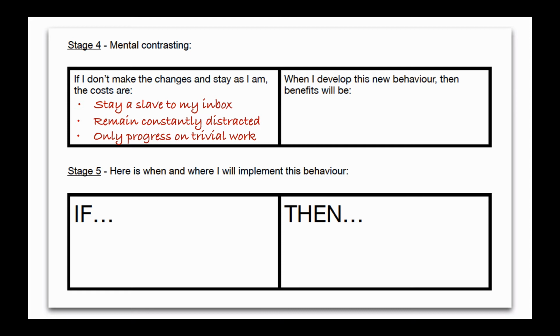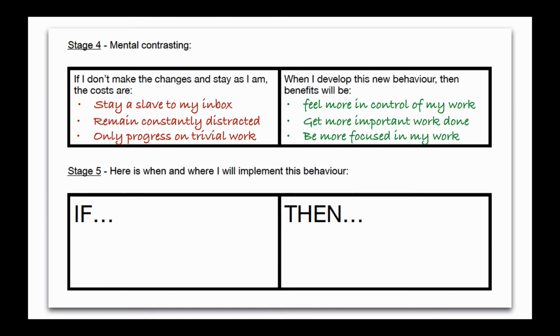So looking where you want to go, when I develop this new behavior, then the benefits will be, for example, feel more in control of my work, get more important work done, and be more focused in my work. The more you can get very, very clear on those 2 points, the pain of staying where you are with the pleasure of where you're going to go, the stronger you'll create what's called, you'll compel yourself to act.